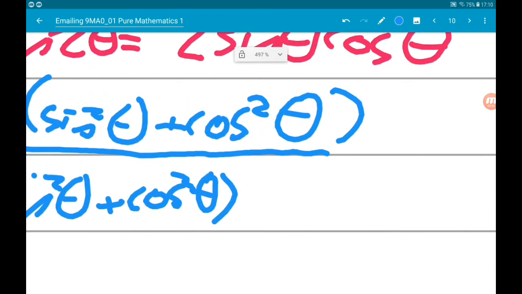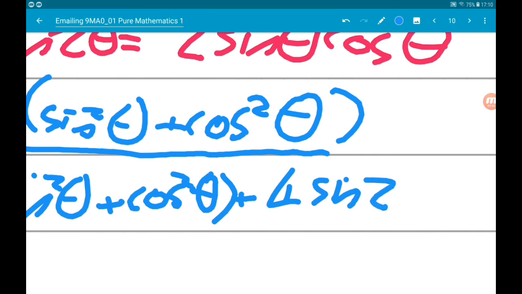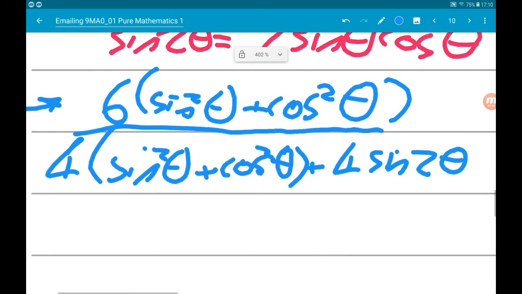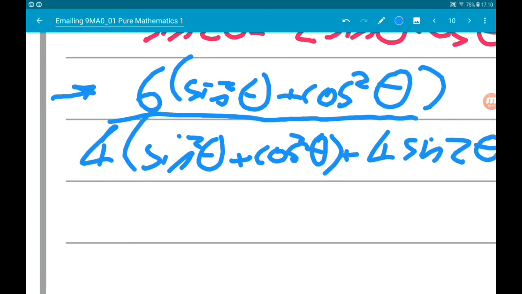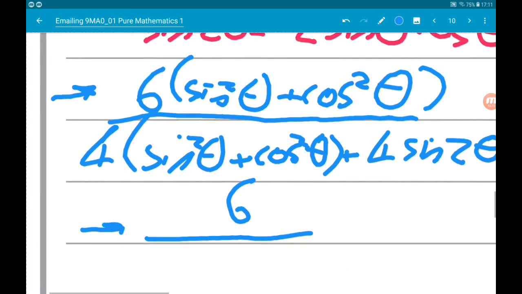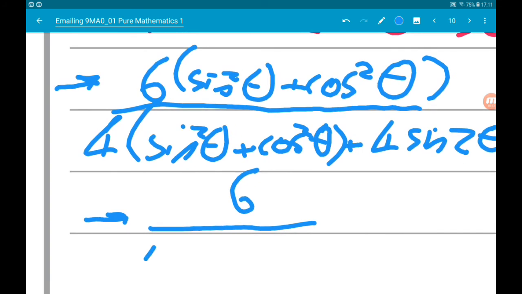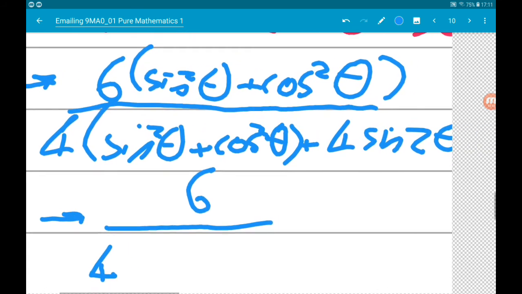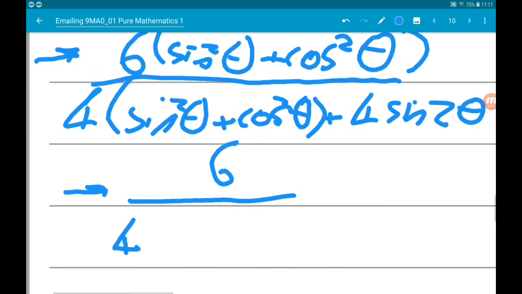So we got add 4 lots sine 2 theta. So the top just becomes 6, because sine squared add cos squared is 1, so we got 6 over 4 add 4 sine of 2 theta.